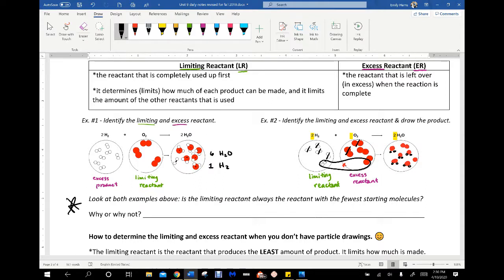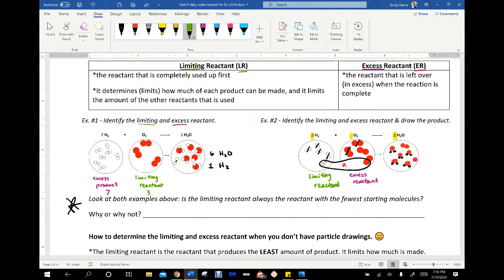Okay, so let's go ahead and count and see what we find. In our first example, there were 3 oxygen molecules and 7 hydrogen molecules. So far, on that example at least, it looks like the limiting reactant had fewer molecules than the excess.